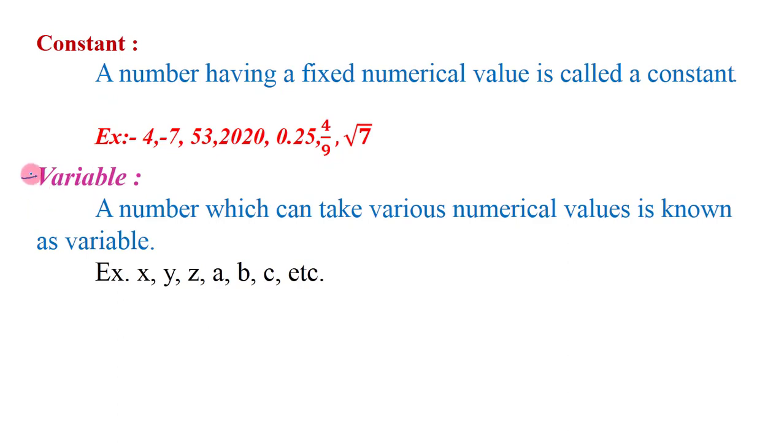Now let us see the definition of a variable. A number which can take various numerical values is known as a variable. Examples: x, y, z, a, b, c and so on.